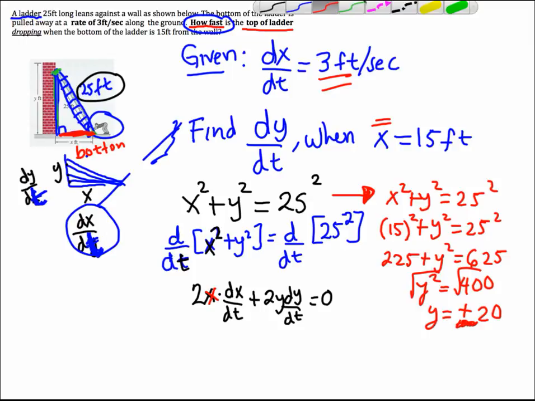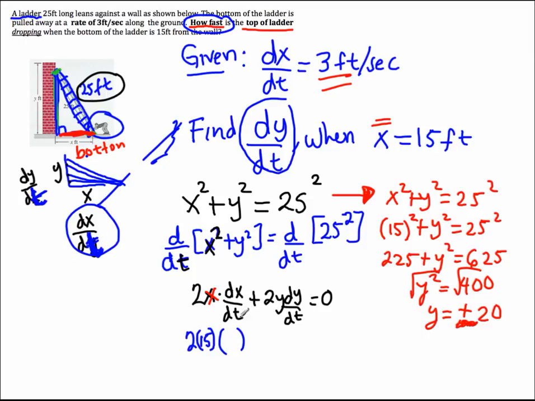So now I'm able to substitute all the information. Since I want to know dy/dt, that's the only quantity that will not be replaced, since I want to solve for dy/dt. So now 2 times x, as x is 15, dx/dt is 3, plus 2 times y. y we found that is 20, and I need to find dy/dt, and that equals 0.